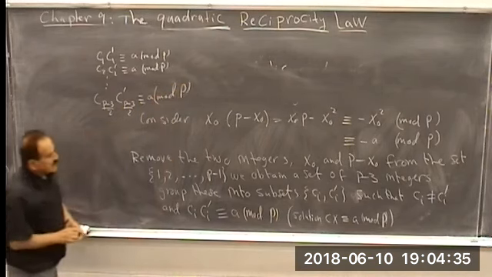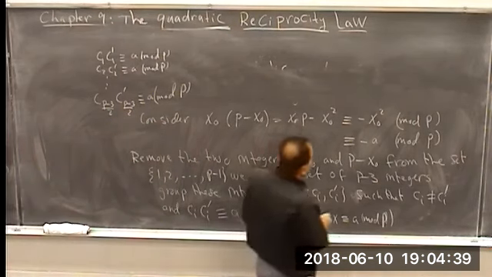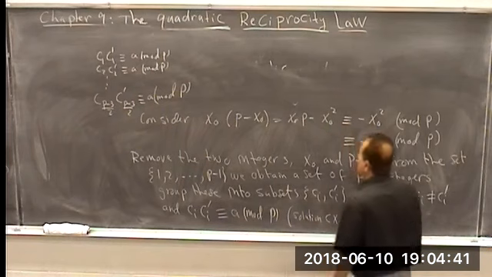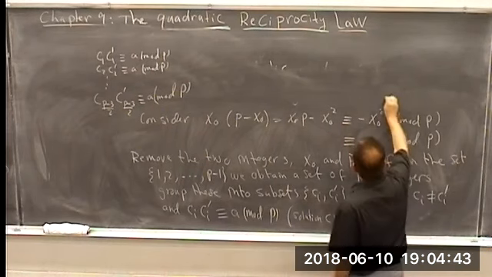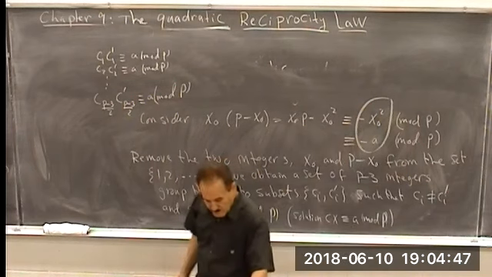So we have all these congruences. Add to this one more congruence, and this comes from here.